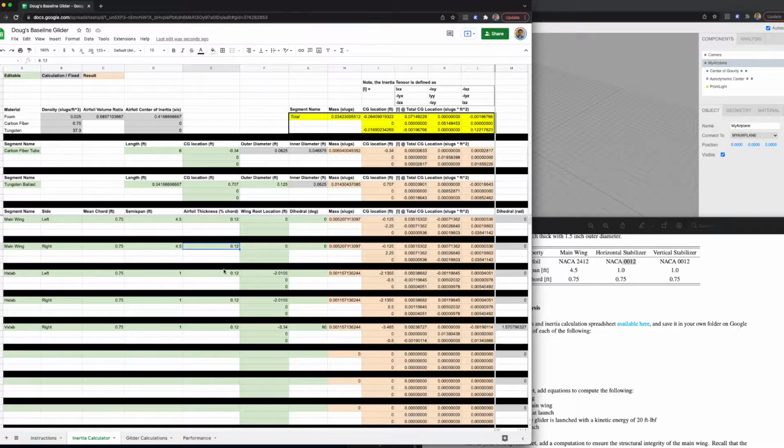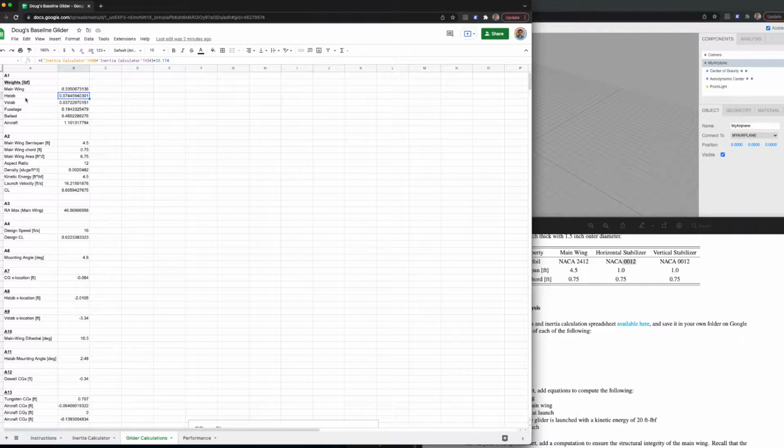So we got the 0.12 on those two, and then that gives a total mass of 0.001157. So that's what's being used here for the horizontal stabilizer. Actually, that's half of it. So we've got to do two of those, right?